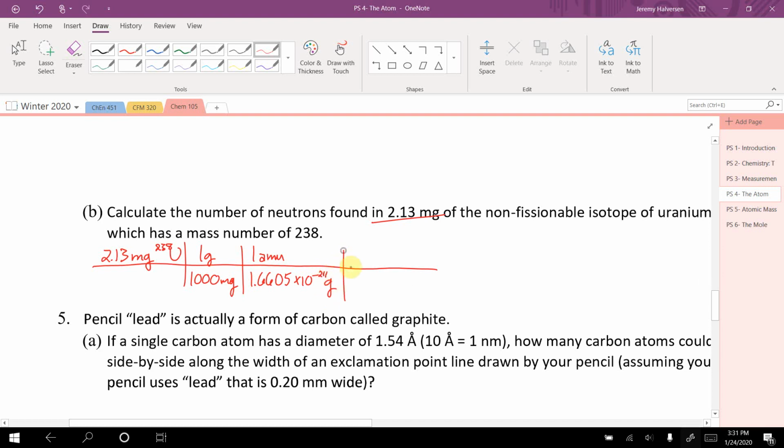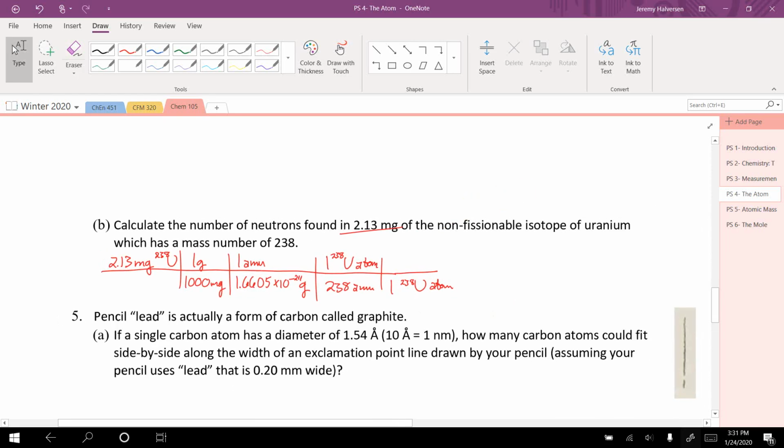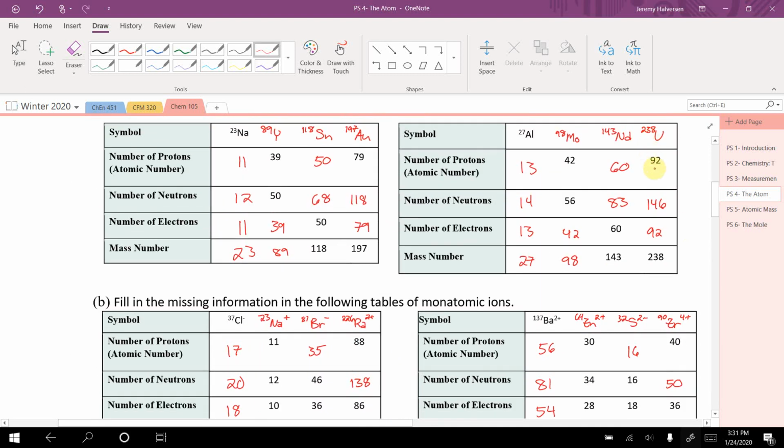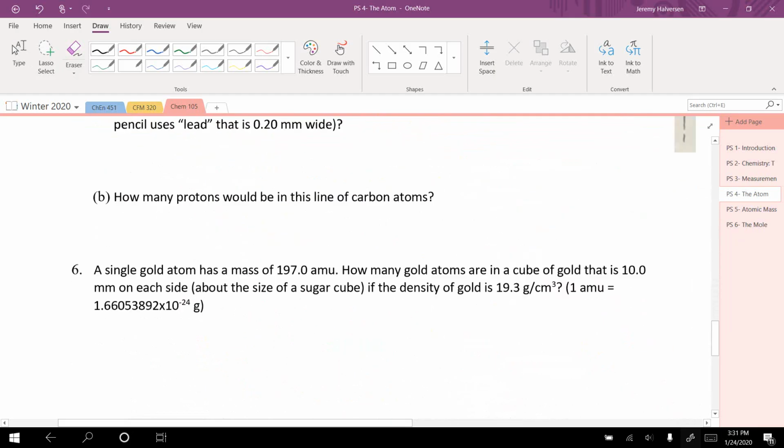Now I'm in AMU. I know that 1 uranium-238 weighs 238 AMU. And then I know that 1 uranium-238 is going to have a certain number of neutrons in it. I think we actually did that one up here, didn't we? Uranium-238 has 146 neutrons.